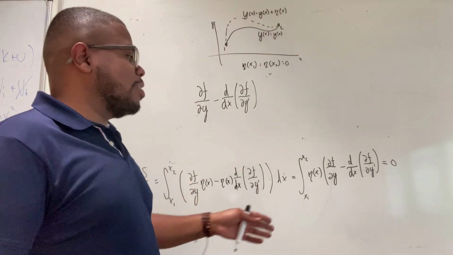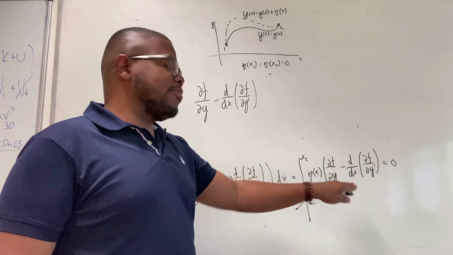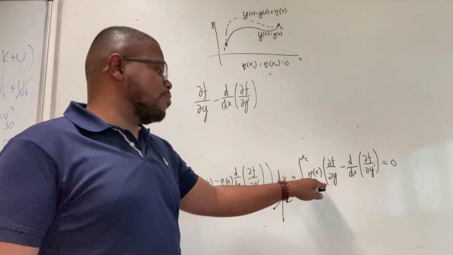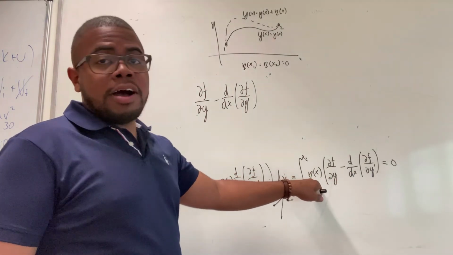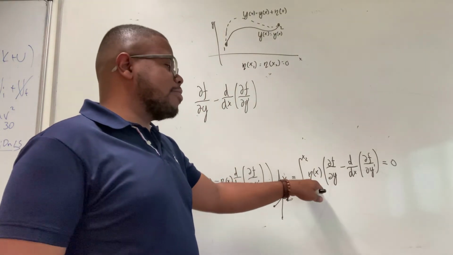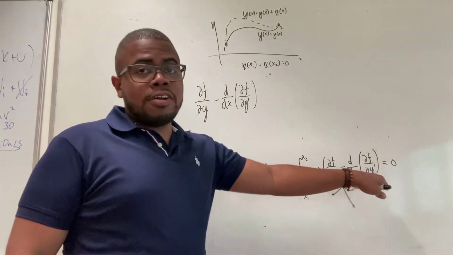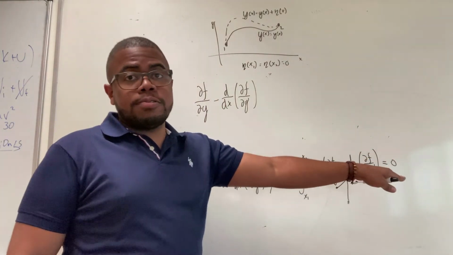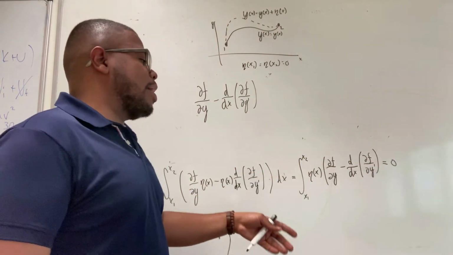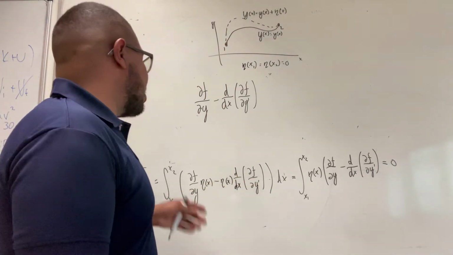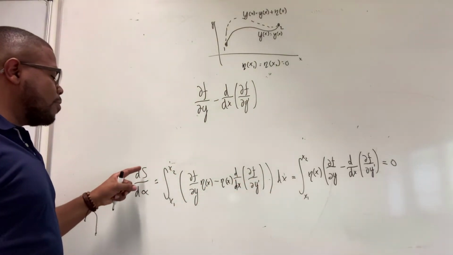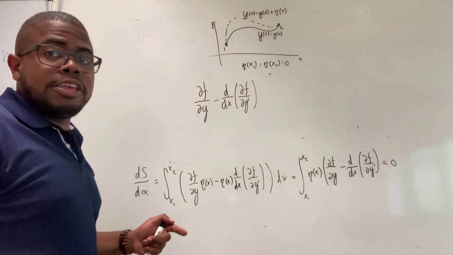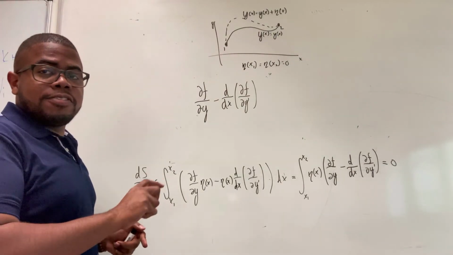If you take a same sign value for these two, so let's say this is a positive real number, and this is also a positive real number, that means that this integral right here is going to give you a positive value. And if that is the case, then that means that the derivative of S with respect to alpha is not equal to 0, which in and of itself is a contradiction.